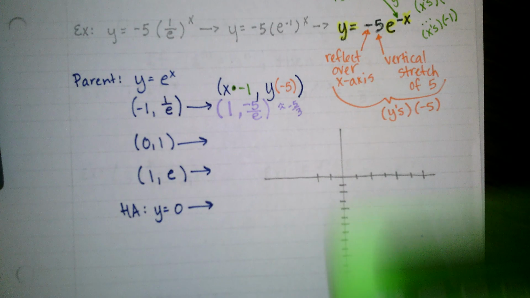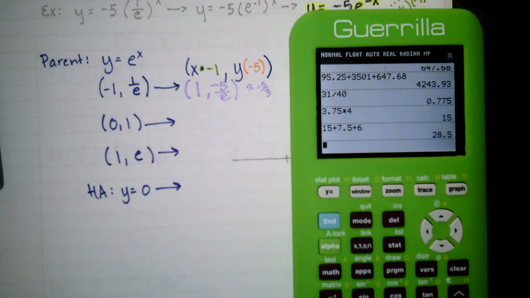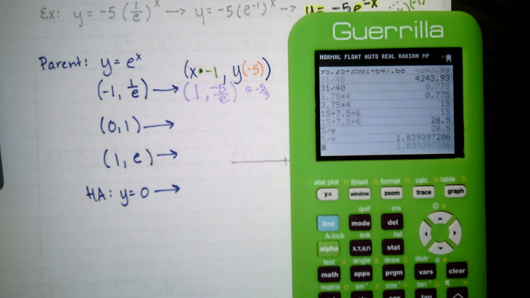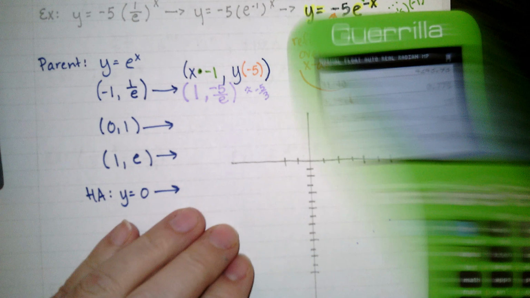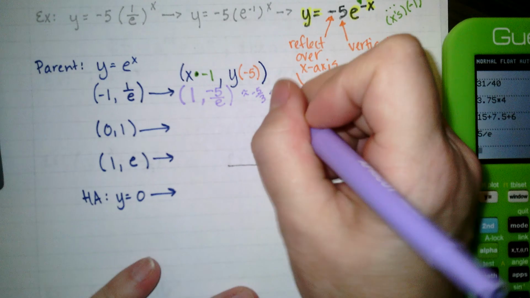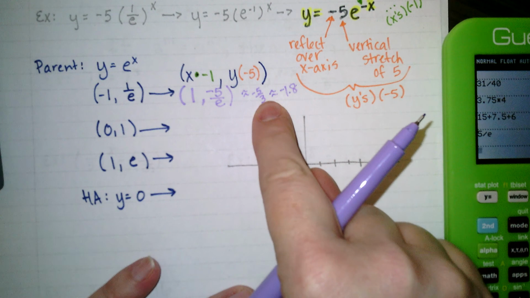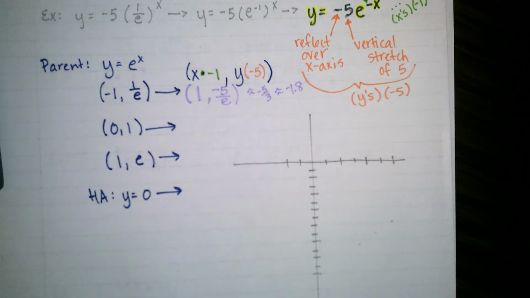Or alternatively, you can get your calculator and do 5 divided by e, so -1.8. So a little off from -5 thirds, which would be -1.7, but close enough when we're going to graph them.